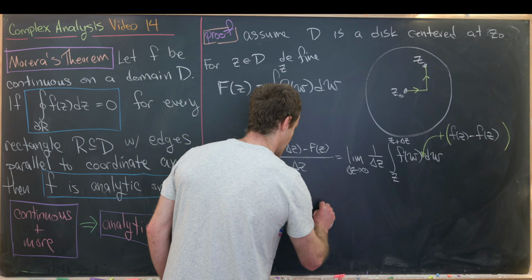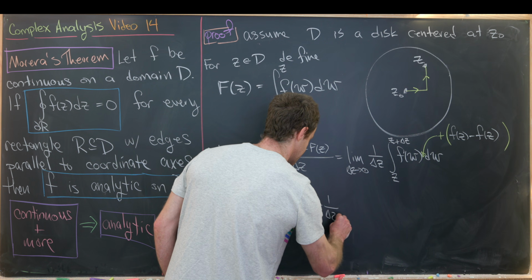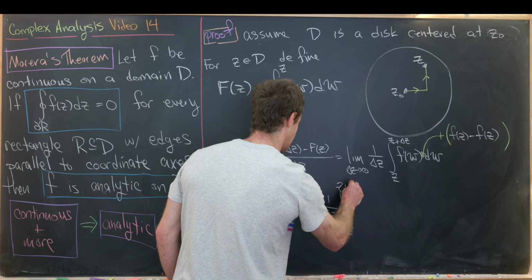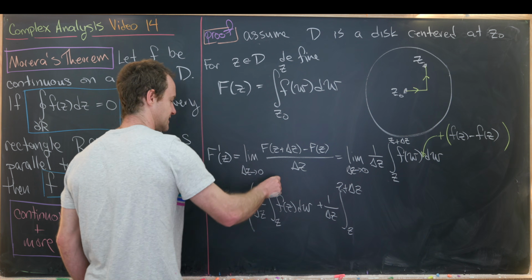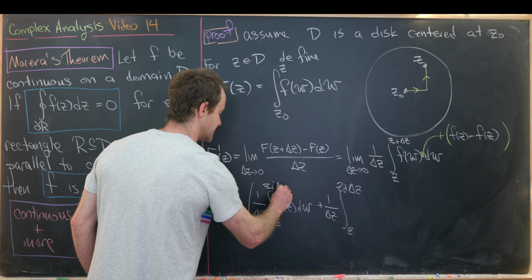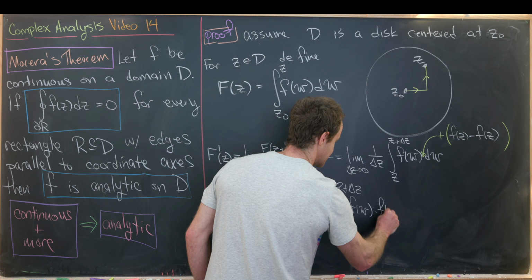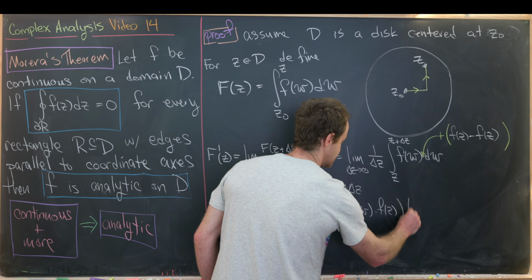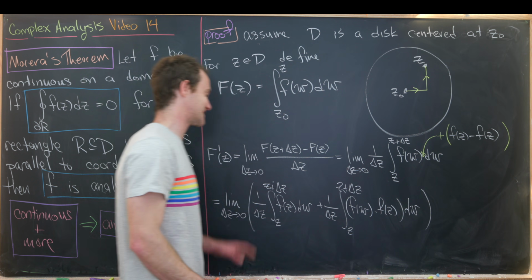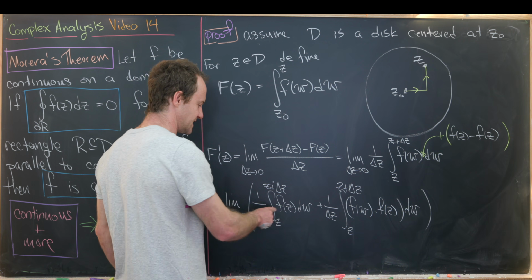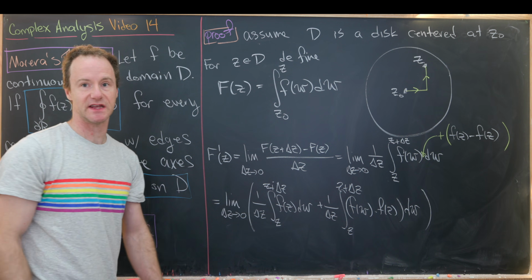And then plus 1 over delta z times the integral from z to z plus delta z of f of w minus f of z dw. So that's the kind of thing that we have here. But now let's notice that f of z is a constant with respect to this integral.